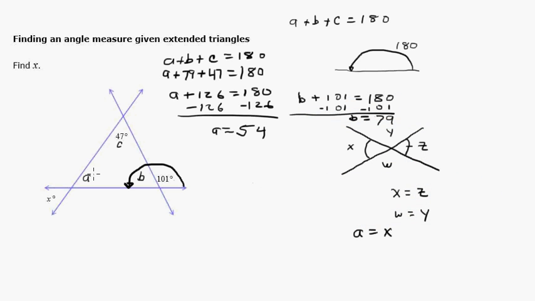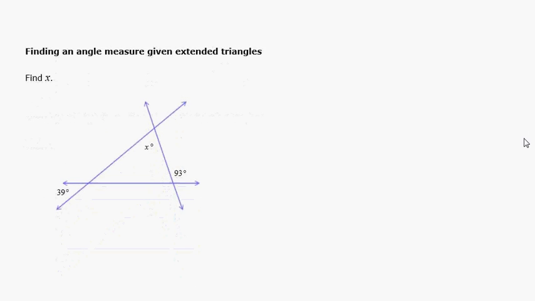So A is equal to 54. But since A is 54, and A equals X, X also equals 54 degrees. Okay, and so we got our answer. We're just applying that. So let's try one more case real quick.